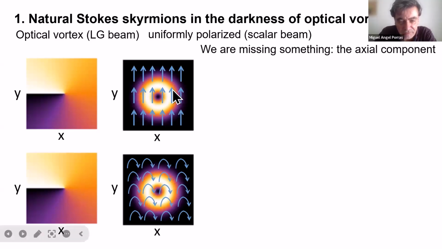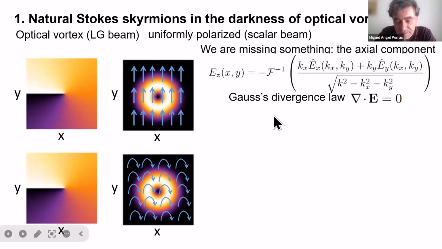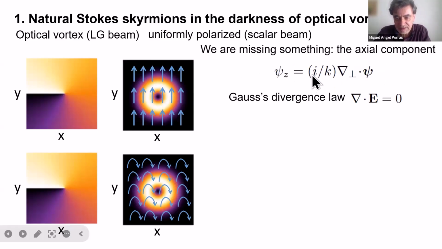This is not, of course, a complete description of the electromagnetic field, because according to Maxwell equations, particularly the Gauss divergence equation, we have an axial component, usually very small. It can be evaluated, for example, with this formula for the transversal components, or this simple formula in the paraxial approximation.